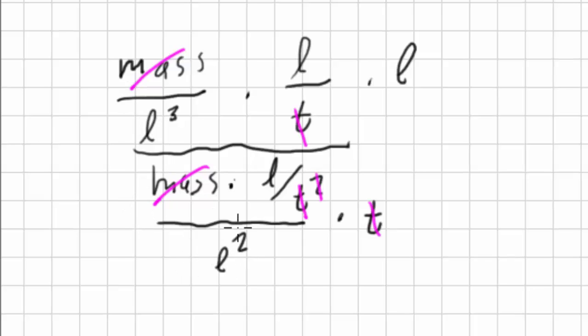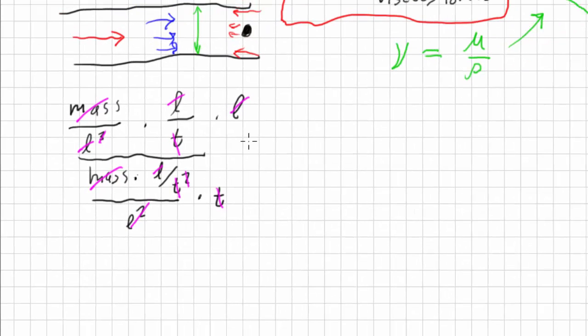This is length squared that's on the bottom, which means it brings it up on top. So I cancel that out with that. And then this length cancels out with the rest of that. And then this one's on the top and this one's on the bottom. So guess what we end up with? We end up with a dimensionless number.